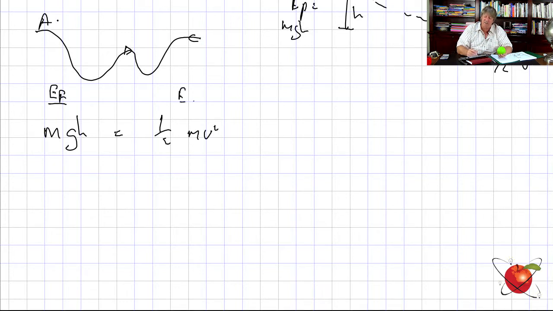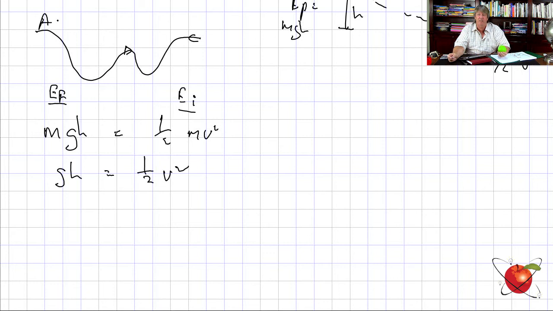This is E initial. Well, straight away, I can divide through by m. So gh is equal to a half v squared. And essentially, that's the formula we're going to be using, right? Now, that's straightforward for the energy problems, for going upwards or even downwards, as we said before.